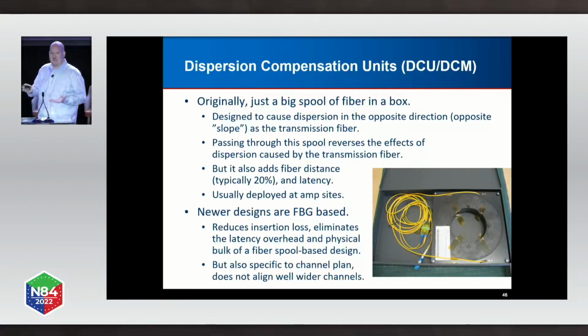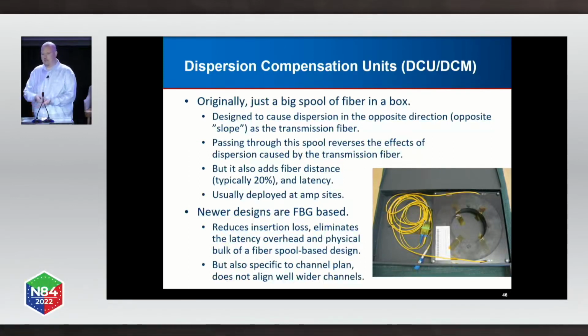And so that ends up adding something like 20% to your fiber distance, so it increases latency, needs more amplification, etc. And then the way that newer designs handled this is through an FBG. So you design your Bragg grating to actually cause or correct dispersion as it's reflecting the signal. The nice thing about that is that it's no latency hit.